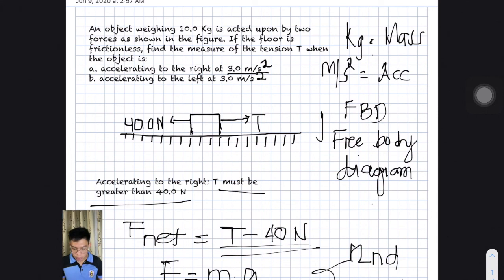That is our problem. Our rule is that when the object is accelerating to the right, tension must be greater than 40.0 newtons. Thereafter, any type of force which is ahead from the right side of our given value, T must be greater than 40. That is our rule. T must be greater than the applied force. If it's to the left, the applied force, or the 40 newtons, must be greater than the tension force.